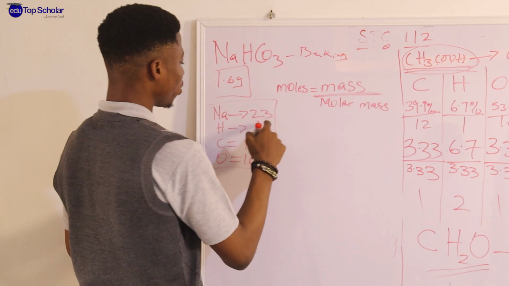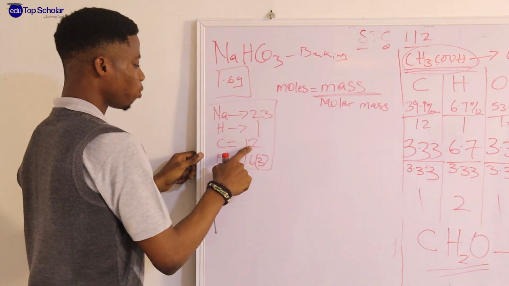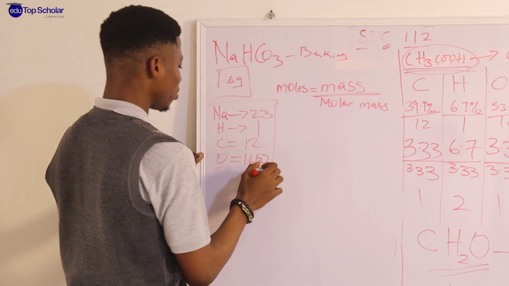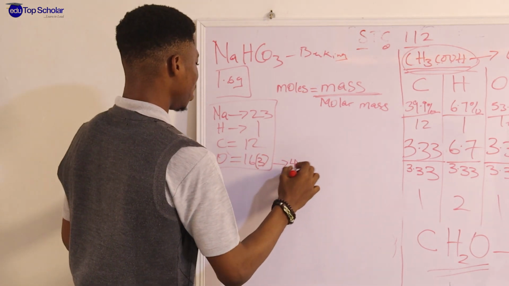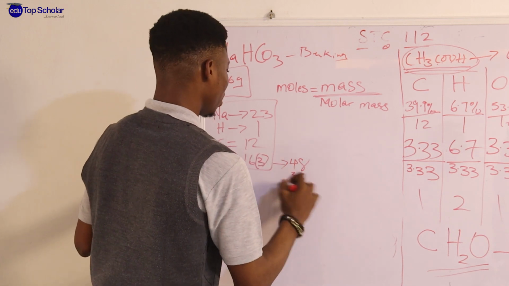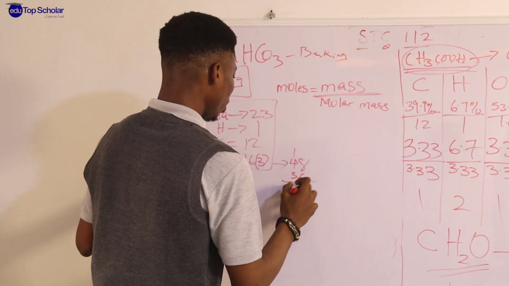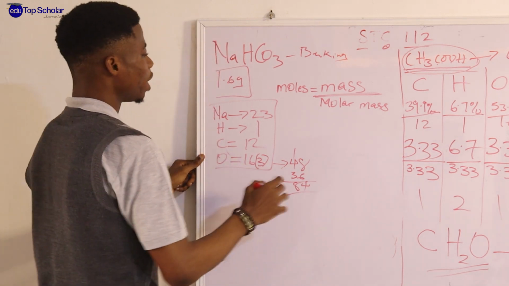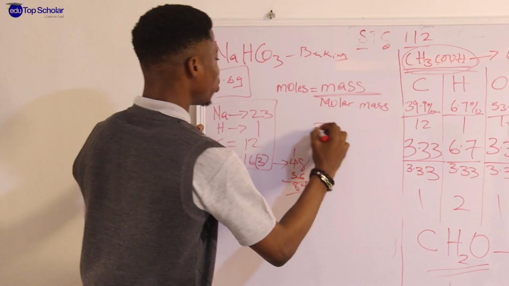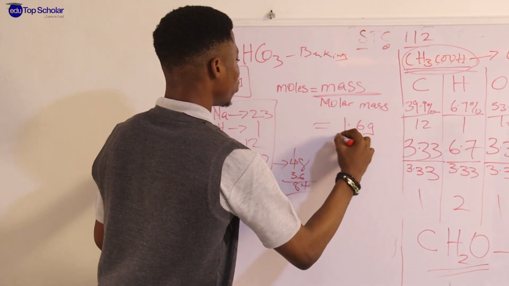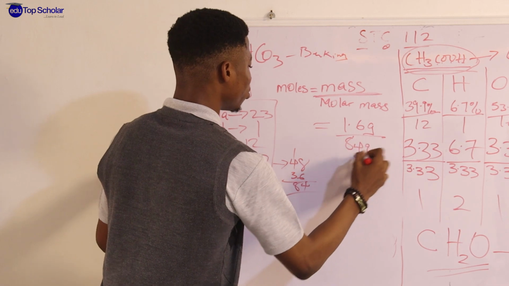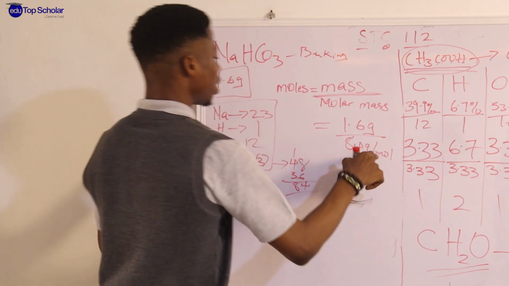So now we have the mass, we need the molar mass, so we need to add this up. 23 plus 1 gives you 24. 24 plus 12 gives you 36. And then we have our 16 times 3, which is 48. So 48 plus 36 gives us 84. So now to get the number of moles, we have been given the mass 1.6 grams, so that will be 1.6 gram all over 84 gram per mole, which is our molar mass.